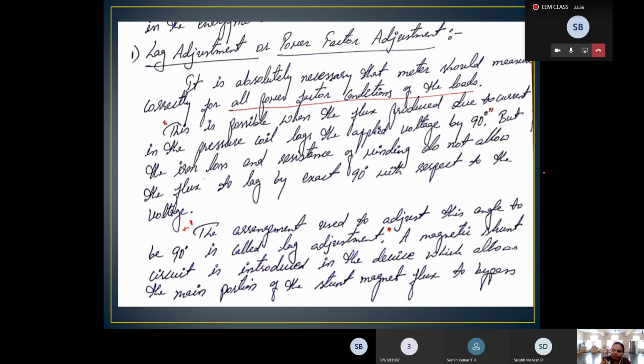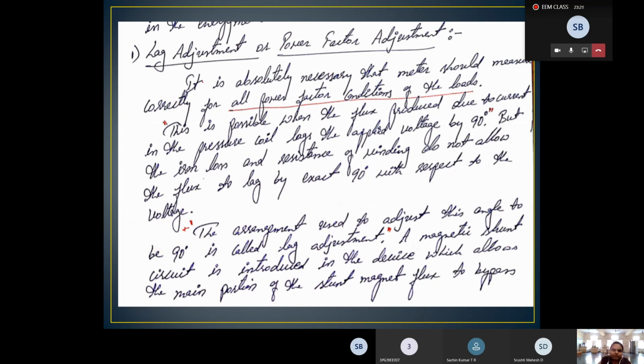Based on the angle between the pressure coil and current coil, we have to check whether it is lagging properly or not. In the derivation we came across, it lags by theta minus pi, right? That angle should be in a proper way so that I can avoid the errors.